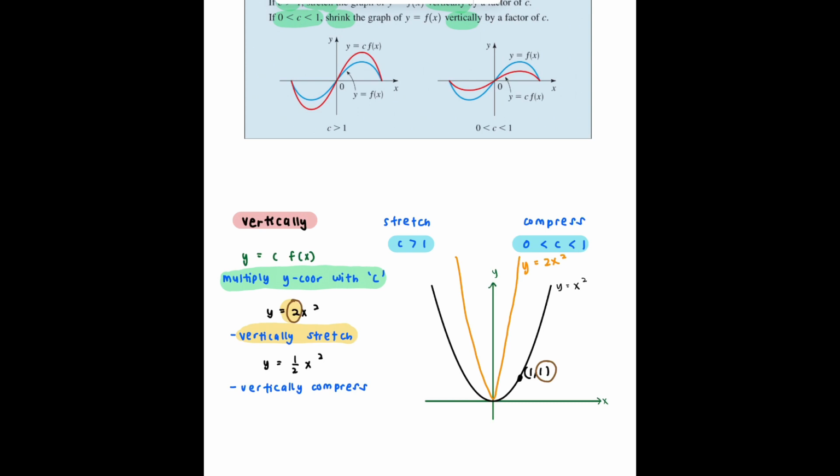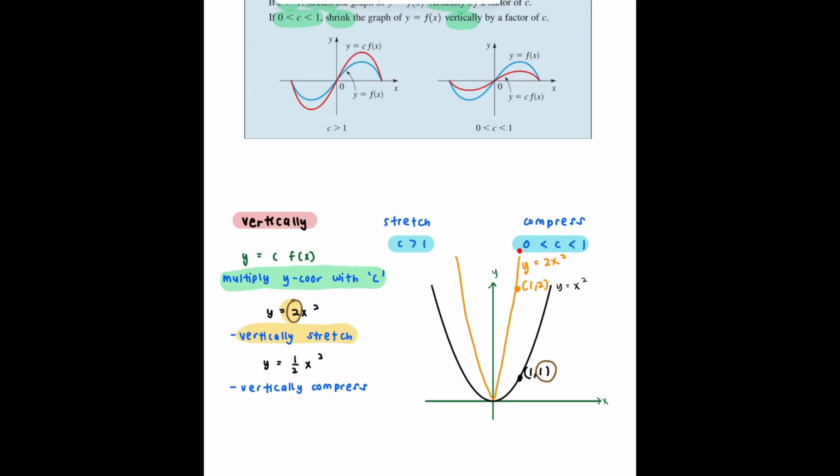So 1 times 2 is 2. So the new point will be at 1, 2. That is your new point. You change only your y coordinate. 1 becomes 2. X remains the same because you just stretch vertically. So you only change your y coordinate.